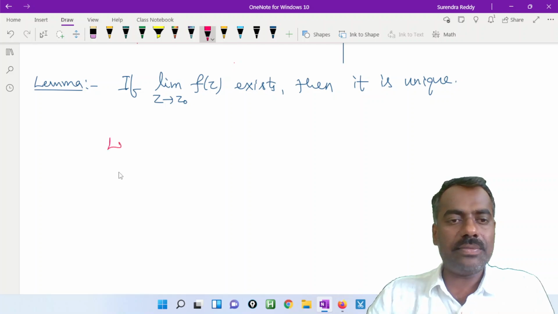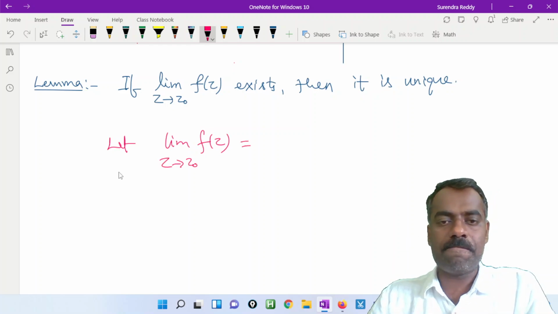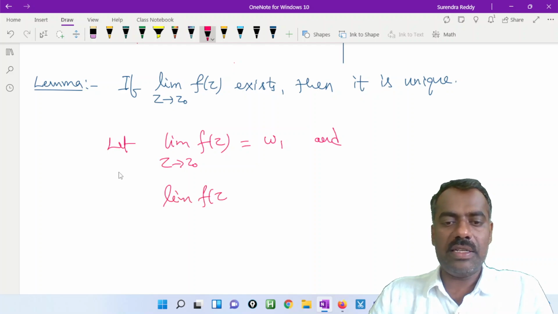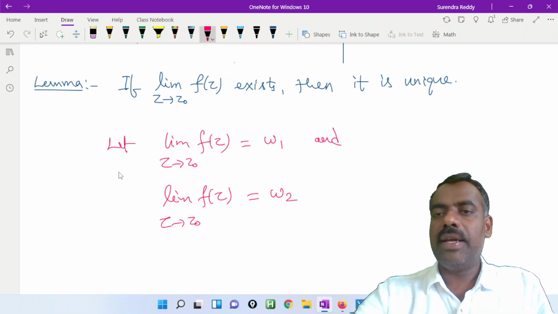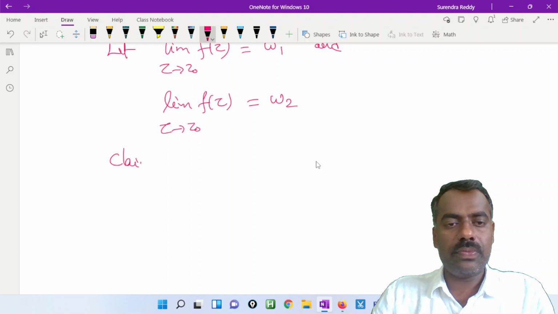Suppose the limit of f of z as z tends to z naught is equal to w1, and also the limit of f of z as z tends to z naught is equal to w2. Our aim is to show that w1 is equal to w2.